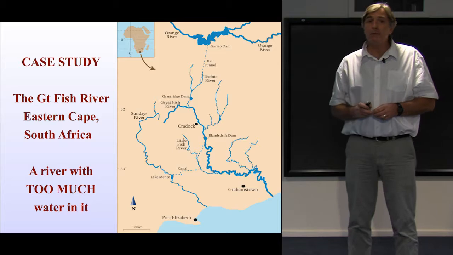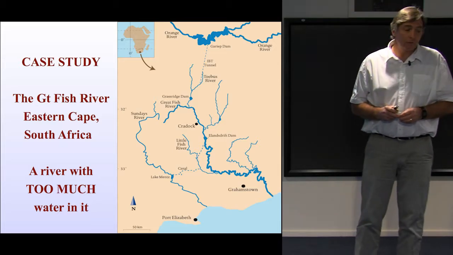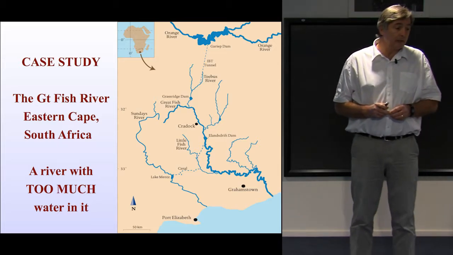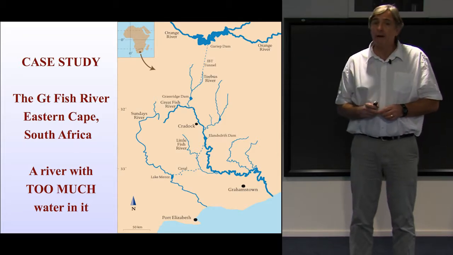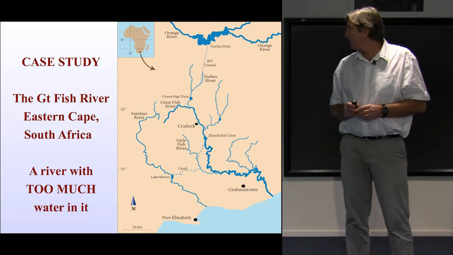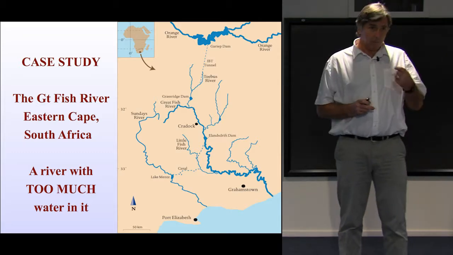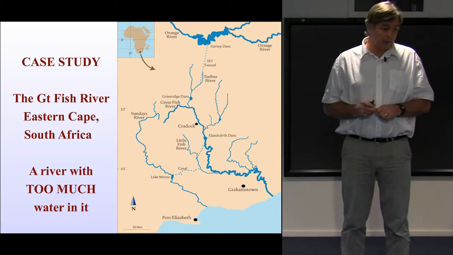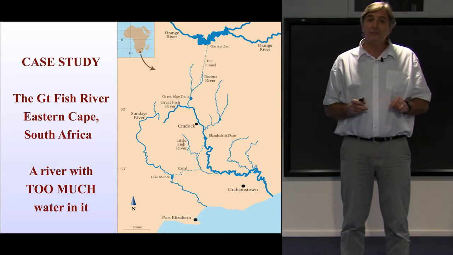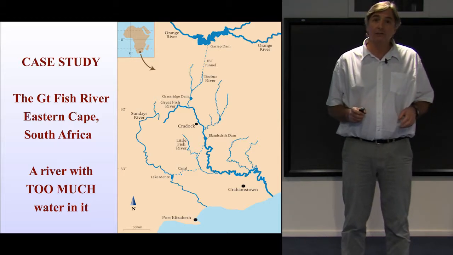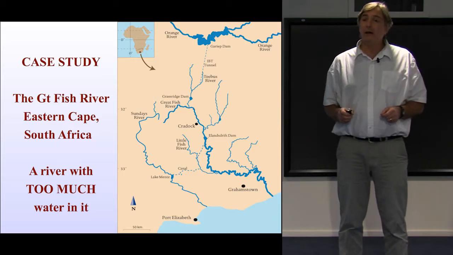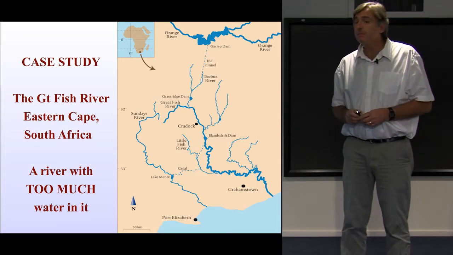And as you can see from the map there, the Great Fish River is now linked to the Orange River via tunnels and canals from the Gariep Dam, which provides water into this river for irrigation. Now, the Great Fish River was a seasonal river, so it used to stop flowing under natural conditions during the dry season in July and August particularly.